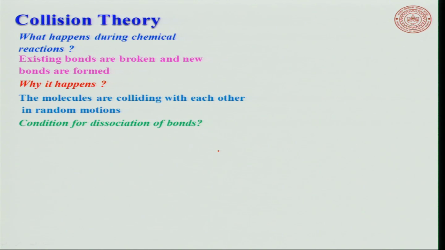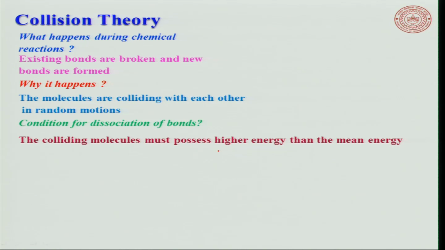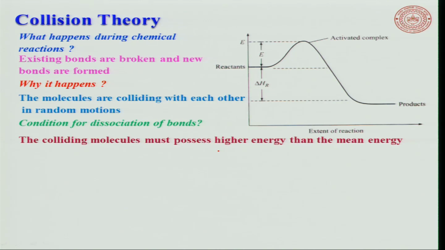The colliding molecule must possess higher energy than the mean energy level, otherwise it will not really make any impact. So, what will happen during this reaction? The reactants will collide, go to an activated complex at a higher energy level, and then drop down to the product.